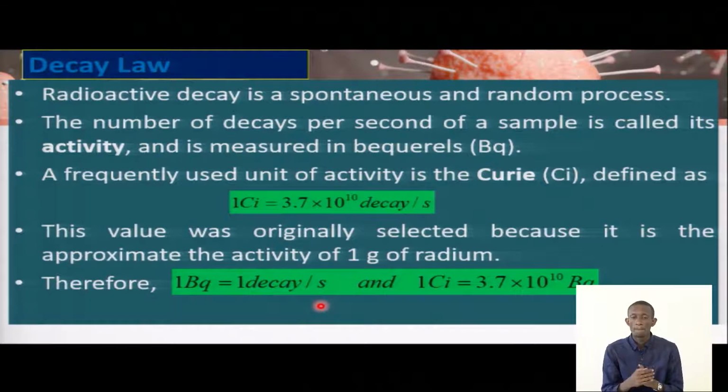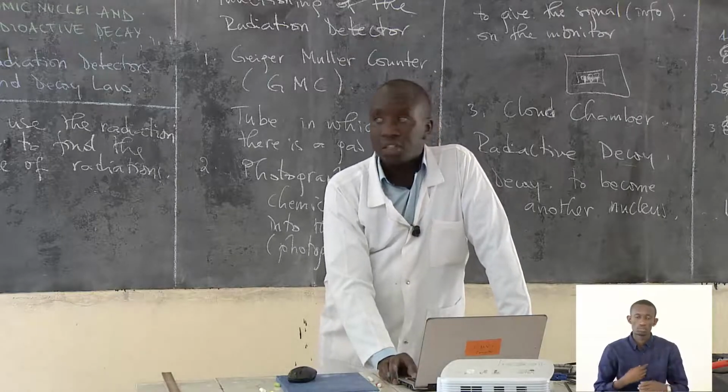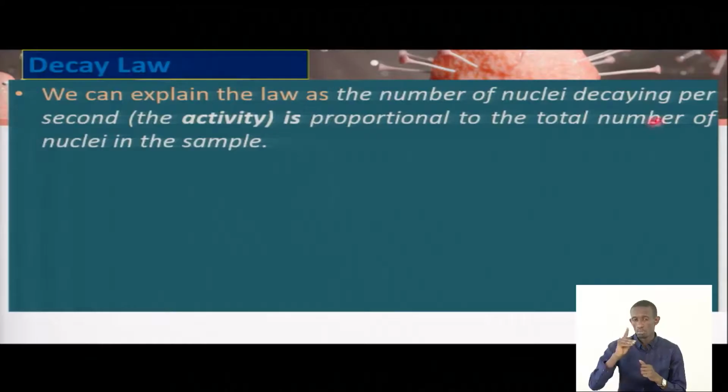So then, students, I hope we can define the decay law. Here we explain it as the number of nuclei decaying per second, which is proportional to the total number of nuclei in a sample. So this is the definition of the decay law.